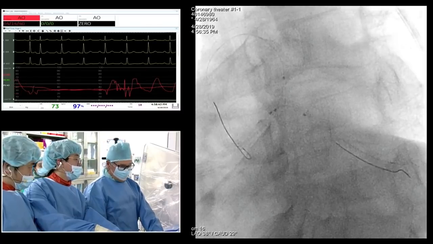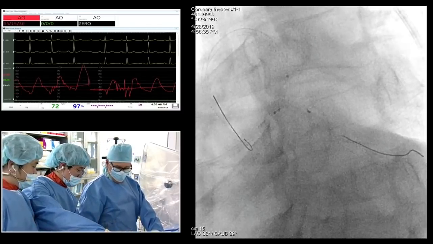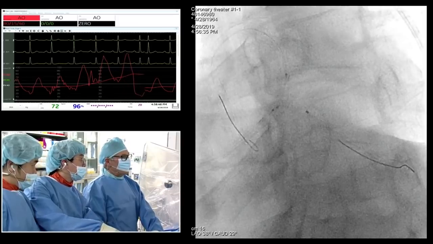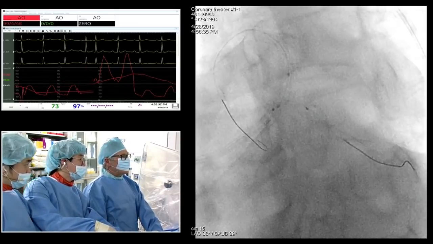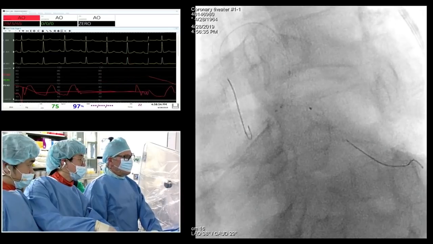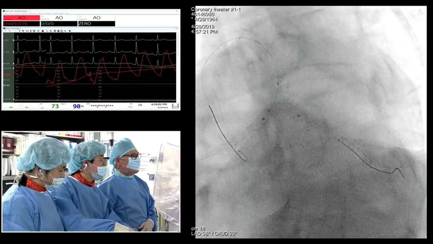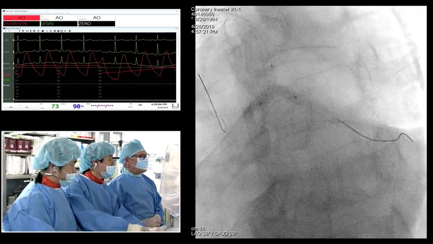So I will do the kissing in the polygon of confluence in order not to touch the proximal part. Okay, so we can inflate the circ first. Okay, go to 14. Okay, 14 in the LAD.